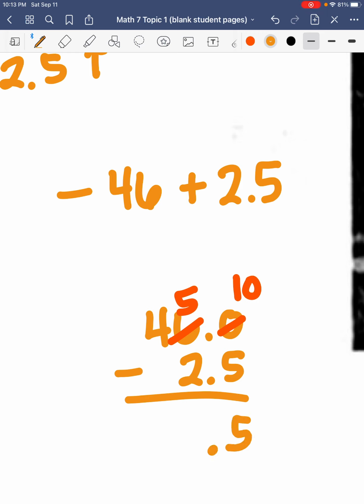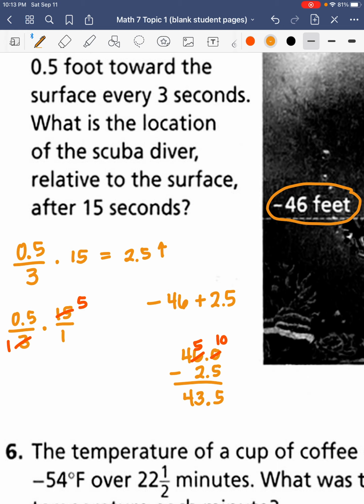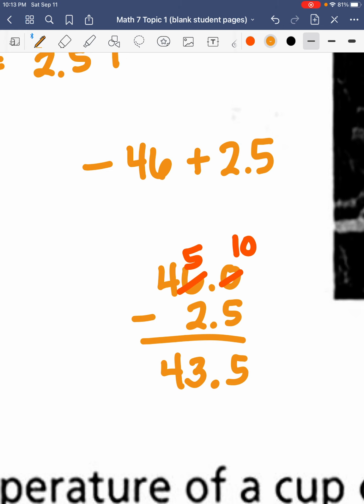Bring down your decimal. 5 minus 2 is 3. And I have a 4. So should it be positive or negative? Well, it should be negative because our bigger number is negative. So negative 43.5 feet is where the diver is after 15 seconds of swimming upwards.